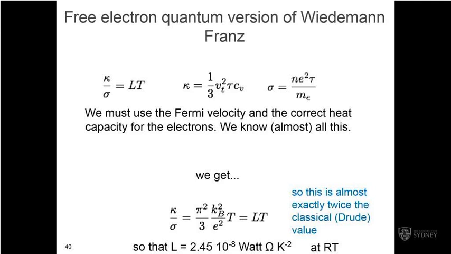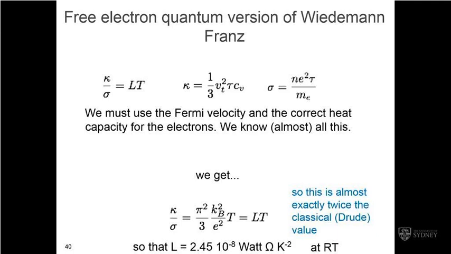So basically, when you substitute in our new values for V and C, we get this expression here. On the next slide, I'll show more detail, but this is what we get for thermal conductivity divided by electronic conductivity. This is your pi squared on 3 that we saw before.